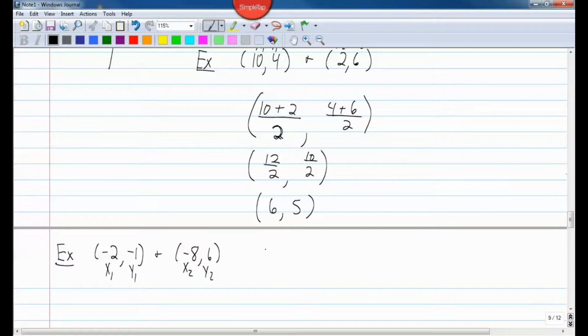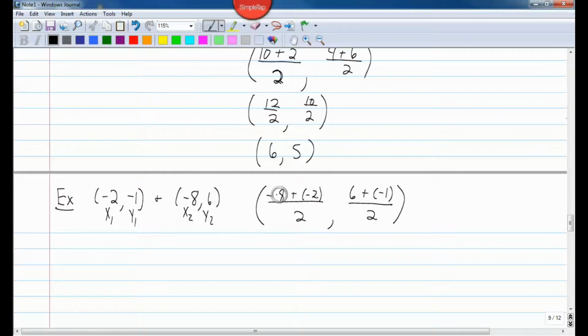Add the 2 x's together, so -8 plus -2, all divided by 2. And add the 2 y's together, 6 plus -1. Now it doesn't matter if you put x sub 2 first or x sub 1, or y sub 2 first or y sub 1, because you're adding them together. Alright, and that's all divided by 2.